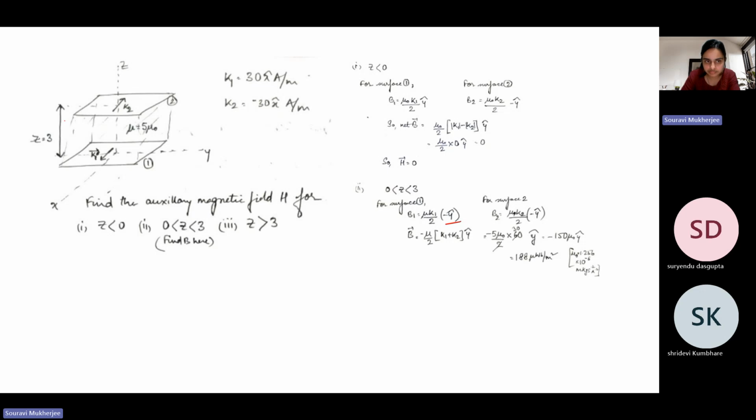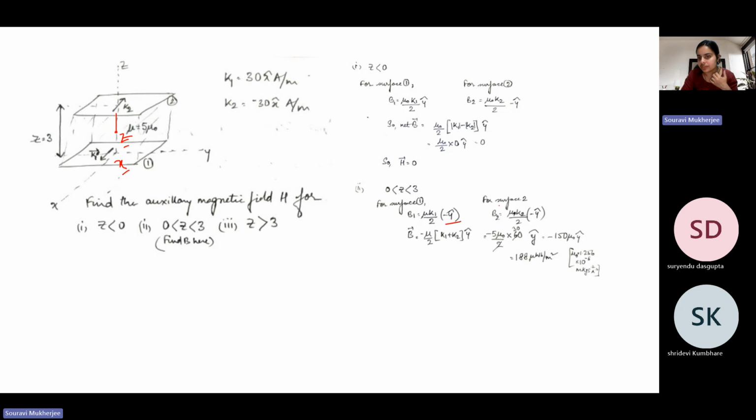The direction of the current is in x direction, but now you are finding the field above the surface, so the position is in z direction. You are doing a cross product between x and z, which is nothing but minus y. That's why you have minus y.